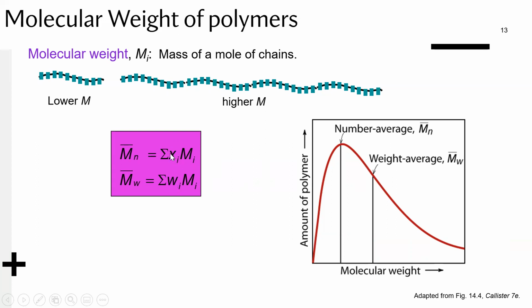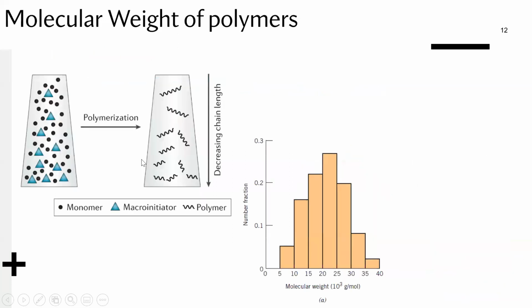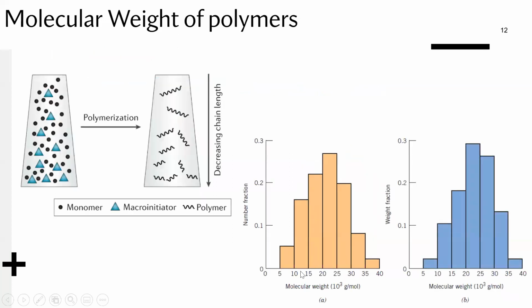And for every column of that distribution, you multiply it by the molecular weight, and then you sum all of those together. So for instance, here you have the molecular weight. Let's say it's 10 to 15, so you pick the average, 12.5, and you multiply it by the fraction here, which is 0.15, for instance, and you sum that up with the next one, which is the average of this interval.